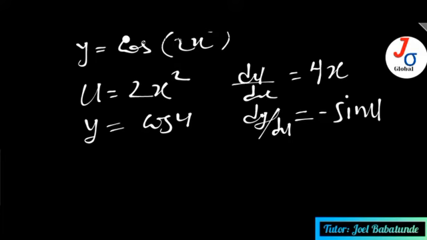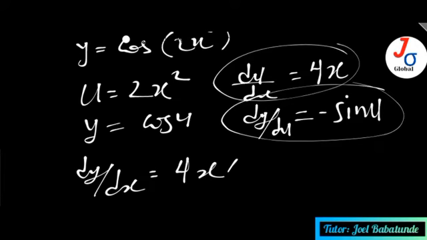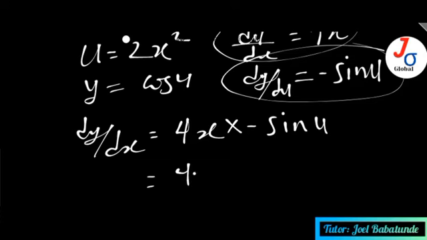And from the chain rule formula, all you have to do is just multiply du dx by dy du. So therefore, your derivative for this function is 4x times minus sine u. Of course, your u is 2x squared. So that's minus 4x sine 2x squared.